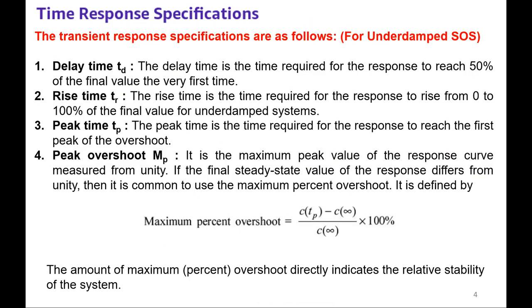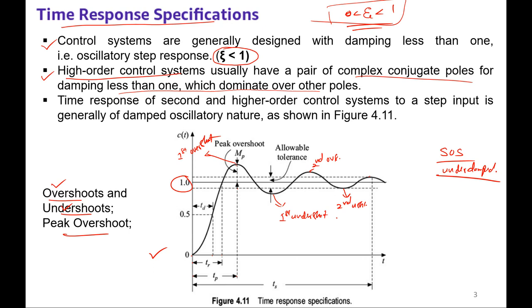Time response specifications. The transient response specifications are as follows. Why do we call td, tr, tp, ts transient response specifications? Because the response of every system, c of t, consists of two parts: the transient response c_t of t plus the steady state response c_ss of t.